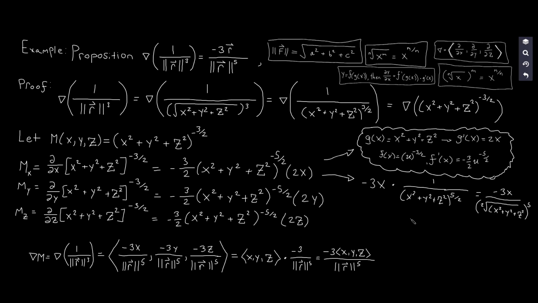But the thing is, if we look at this formula here, the magnitude of vector f equals the square root of a squared plus b squared plus c squared.